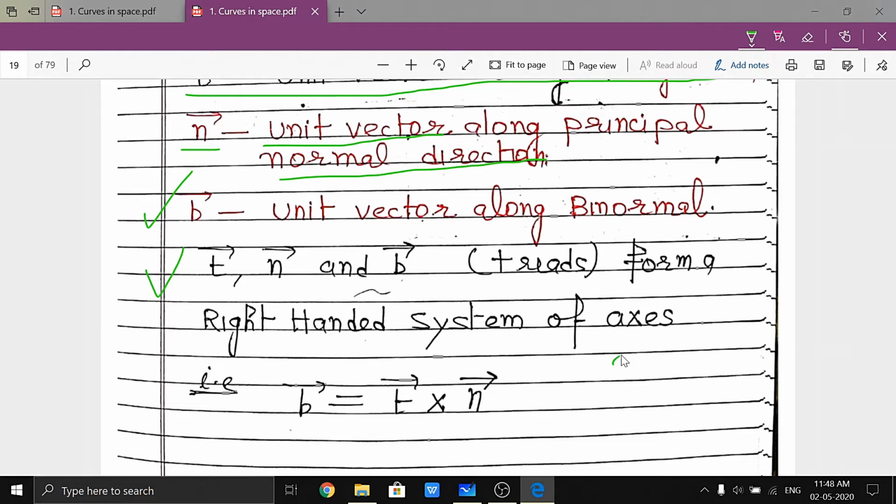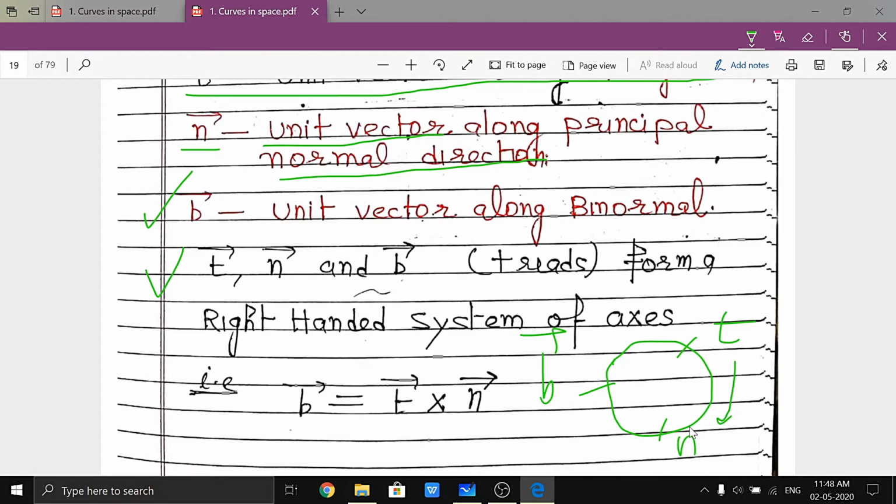For example, if we take the form of a circle, here is vector T, here is vector N, and here is vector B. So the positive direction is T cross N equal to B, N cross B equal to T, and B cross T equal to N. Clear?